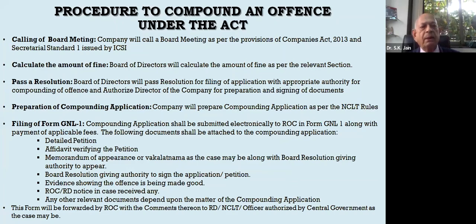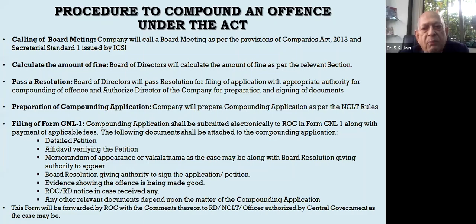Then the company has to calculate the total amount of fine prescribed under the particular provisions of the Companies Act. The board of directors will calculate the amount of fine as per the relevant section. Then the board has to pass a resolution for filing of application with the appropriate authority for compounding of offence and assign a director of the company for preparation and signing of documents.